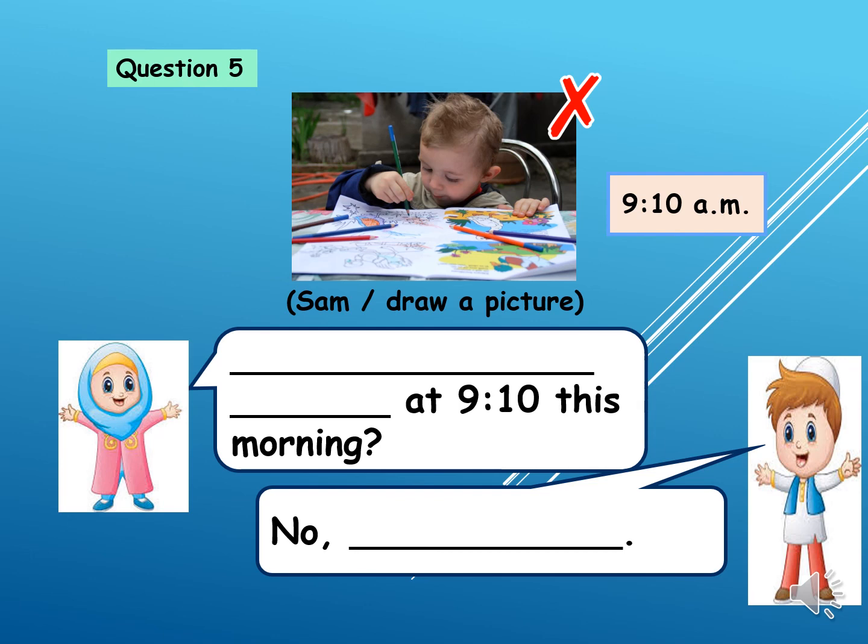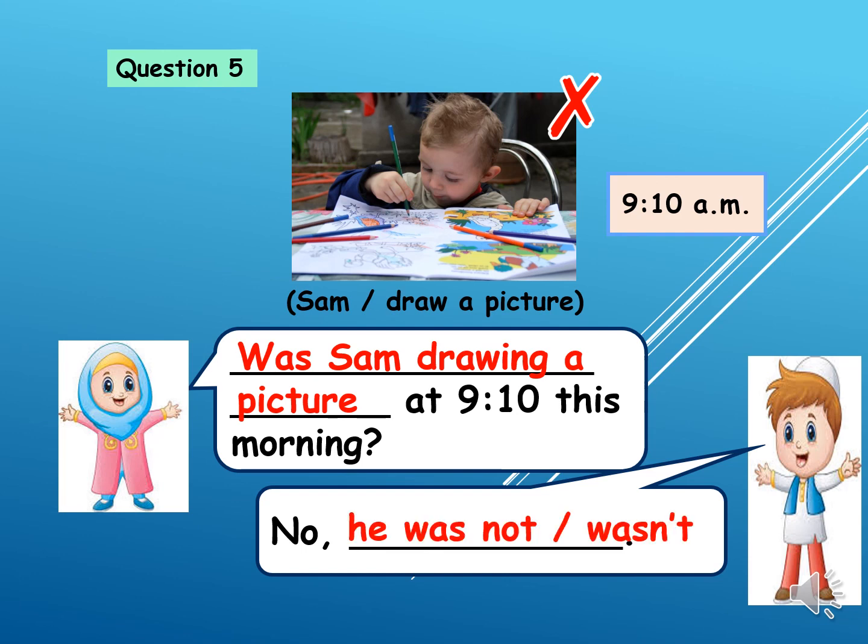Okay, let's check the answer. Was Sam drawing a picture at 9:10 this morning? No, he was not. Or no, he wasn't. Wow, you got it correct.